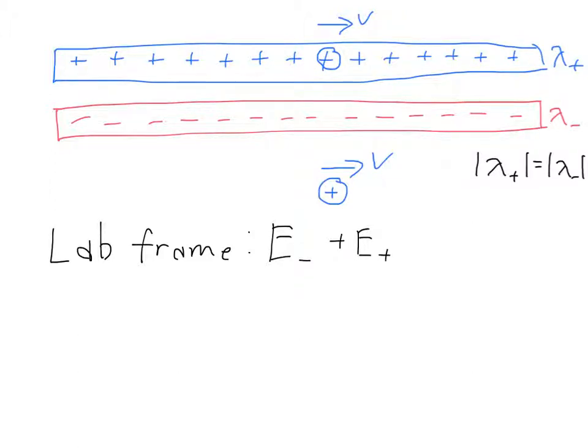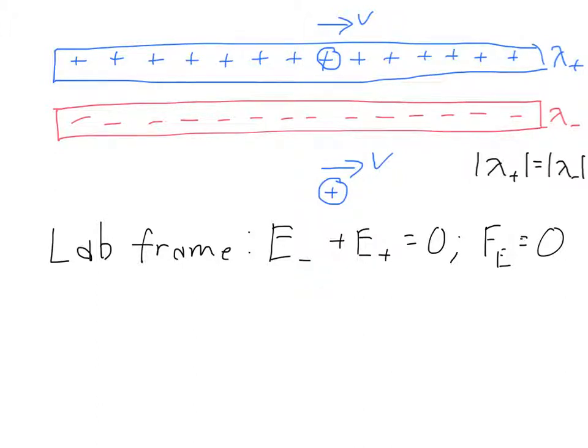And in fact, because these two have the same linear charge density, they're supposed to be the same distance away. At the point of the charge here, both fields are of equal magnitude but of different signs, so they just add up to 0, which means that the electric force on that charge will just be 0.